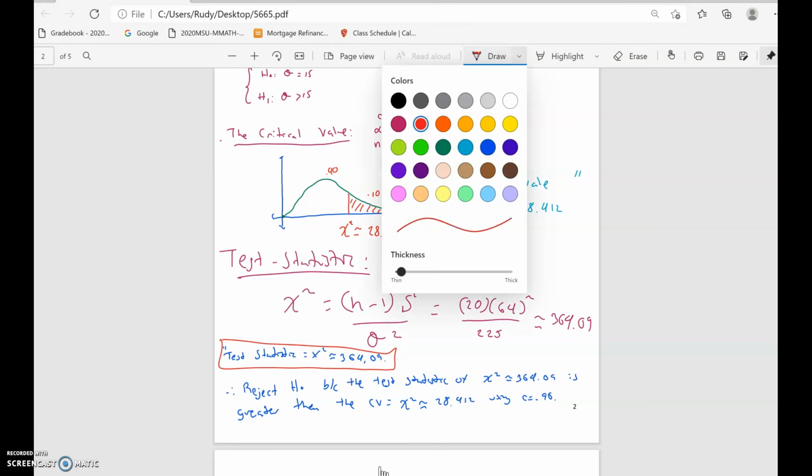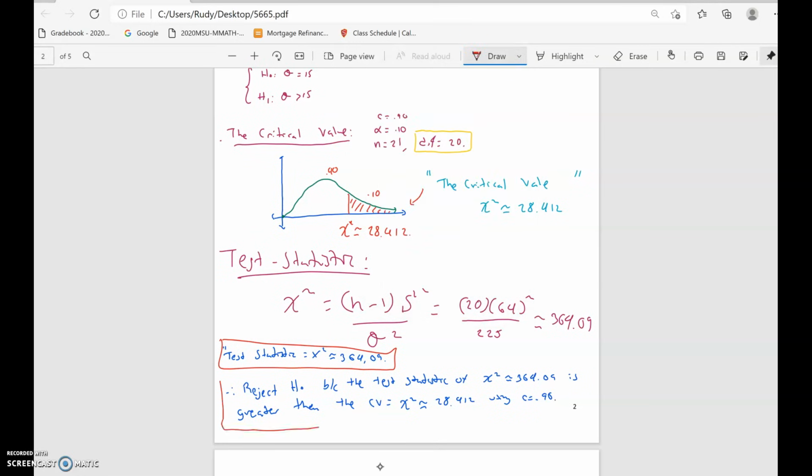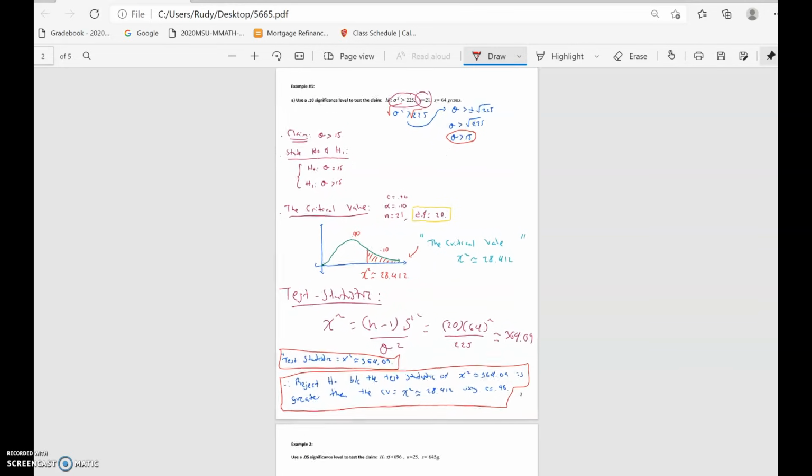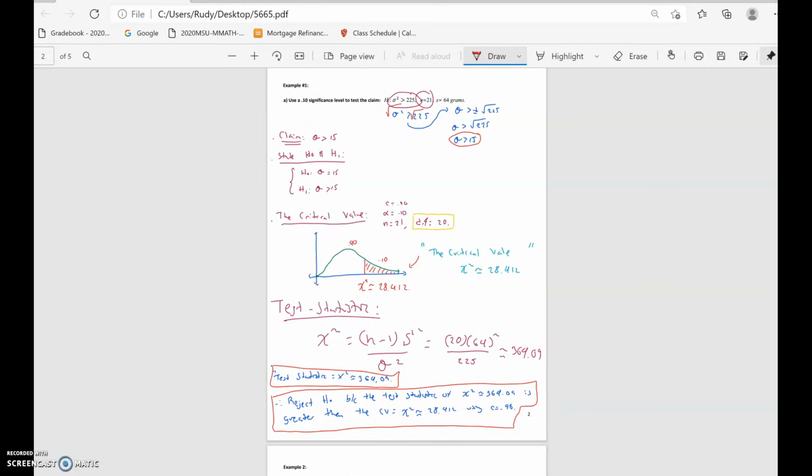So this will be our main conclusion. In this case, we're just basically looking at the critical region, and our critical value is 28. The test statistic is way out here. It's in the shaded region, the reject H0 region. So that's actually it for this particular problem.